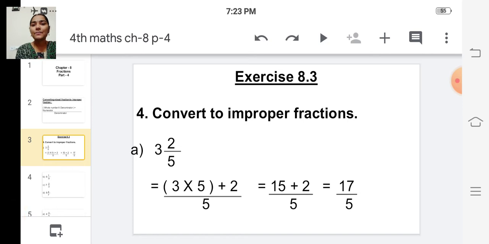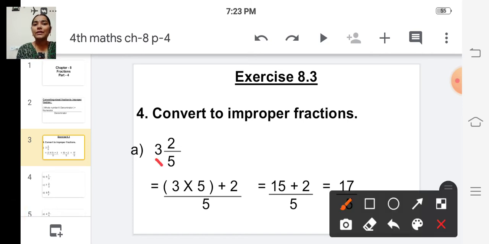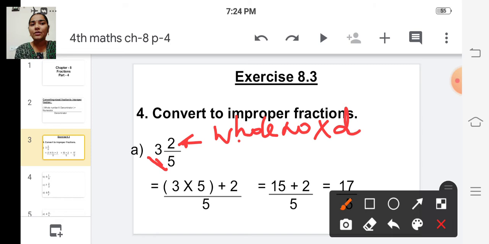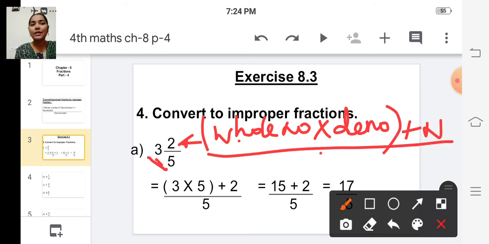Whole number into denominator plus numerator divided by denominator. So we are going to multiply, that is 3 into 5 plus numerator 2.